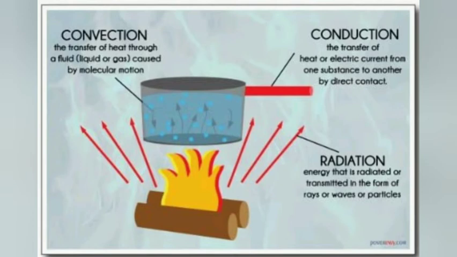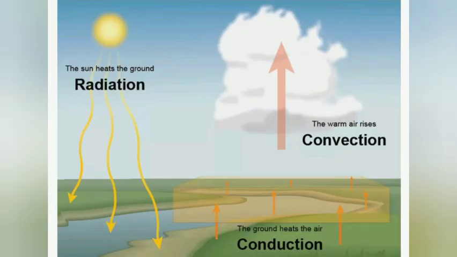When the heat is transferred within a solid, it is conduction. Within a fluid, it is convection. And now, the radiation. That is, the heat from the fire is spread in all directions into the atmosphere. That is radiation. So as you can see here, the sunlight we get from the sun is due to the process of radiation.